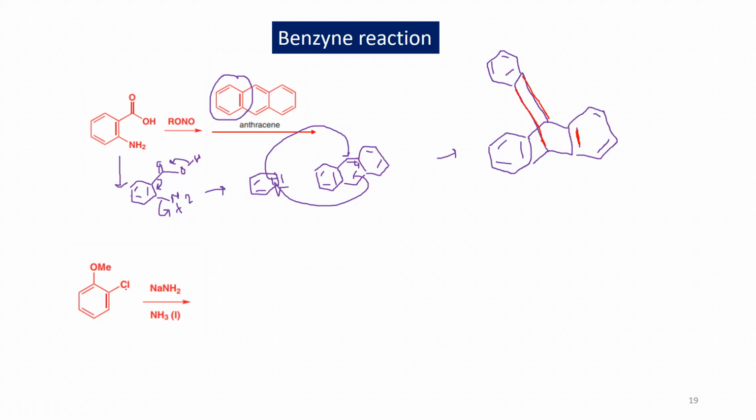So here is another one. If we are adding a base to this type of moiety, what will form? There is a hydrogen available. So this NH2 will take this hydrogen, and this will move from the system, forming this benzyne. Now to trap this benzyne, what can we add?